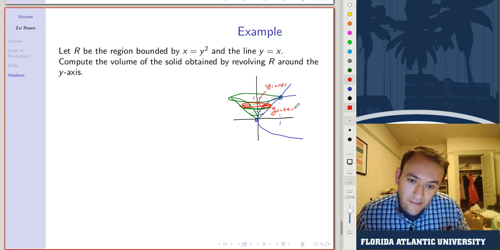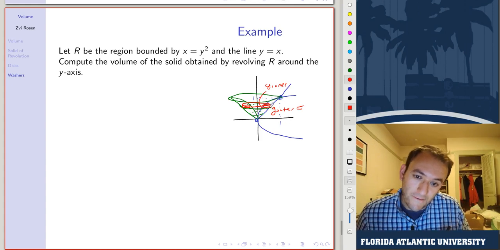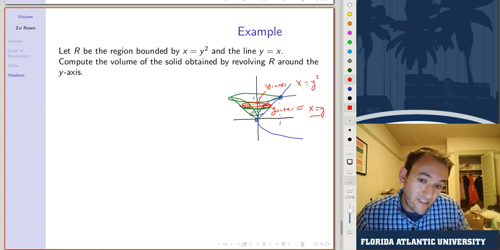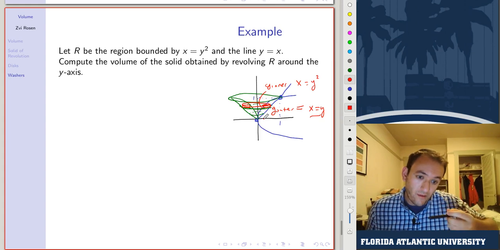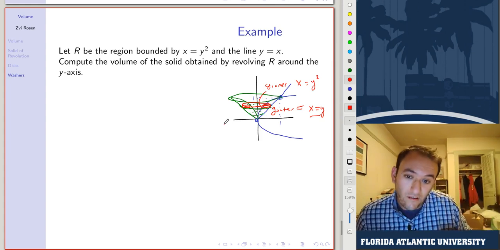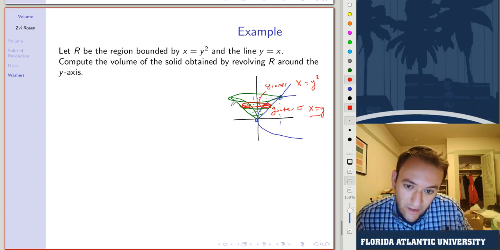So in our case, the outer one is given by the line x equals y. And the inner one is the curve x equals y squared. As for the infinitesimal thickness, because we're moving from the bottom in a positive y direction, our infinitesimal thickness is dy.